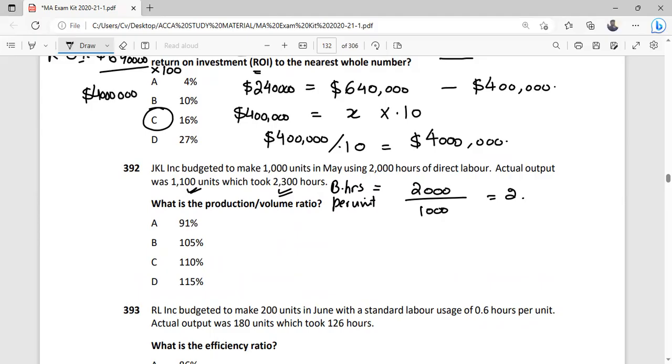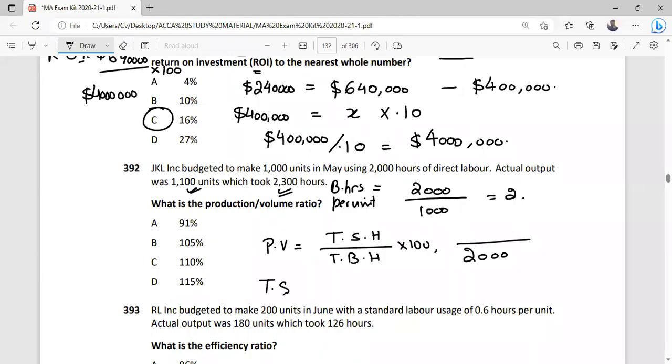What is the production volume ratio? Production volume ratio is equal to total standard hours divided by total budgeted hours into 100. We are provided with the information of total budgeted hours, but we are not provided with the information of total standard hours.